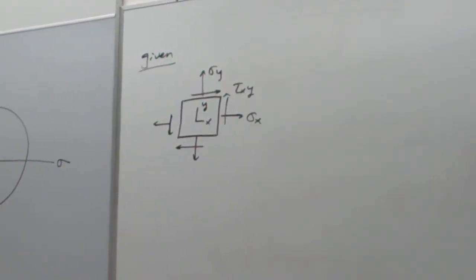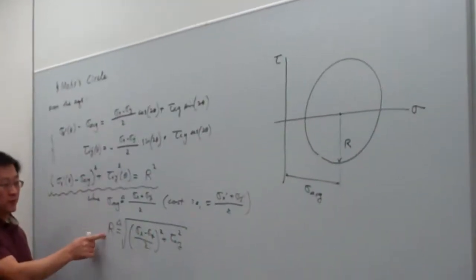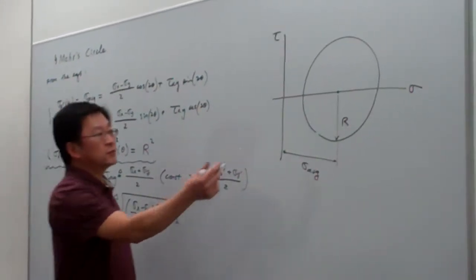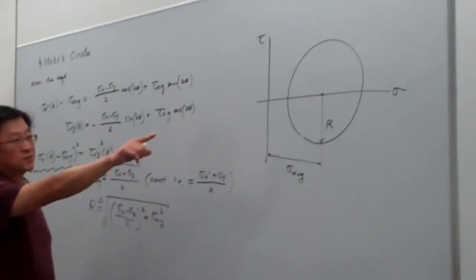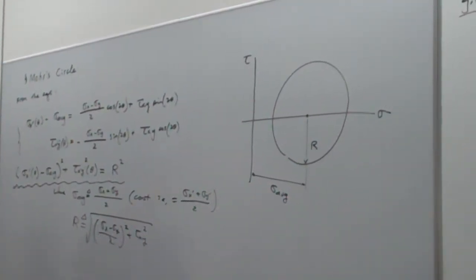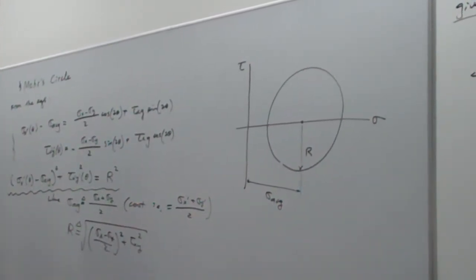So based upon the given information, we'll be able to calculate the center of the circle and the radius of the circle, and we can draw it. And here the center is always located on the sigma axis. Okay, so this is the first step to build up the circle.